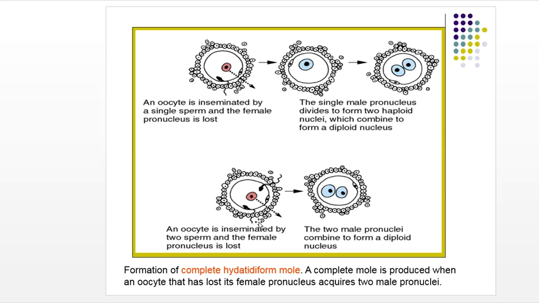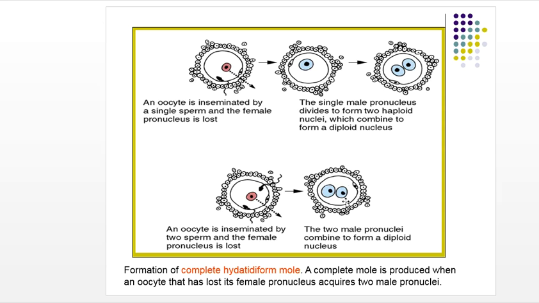In another way, the complete hydatidiform mole forms when one oocyte is inseminated by two sperms and the female pronucleus is lost. Again, we have two pronuclei that both come from the father.